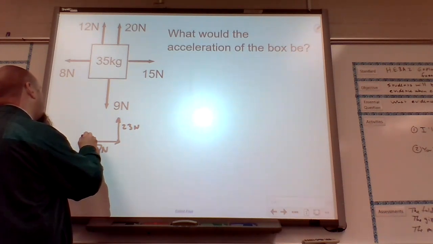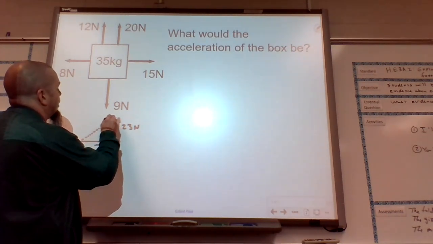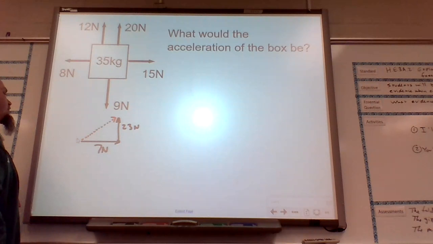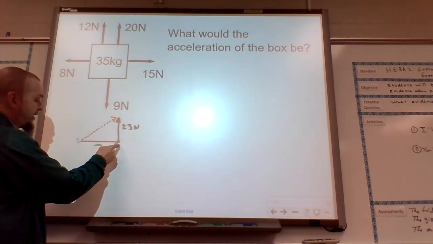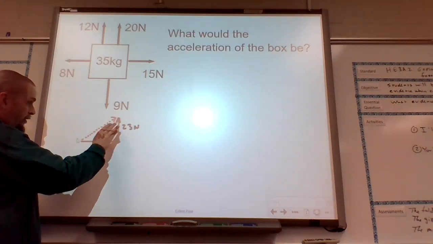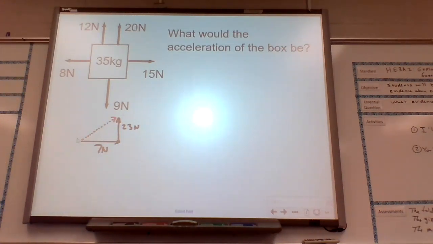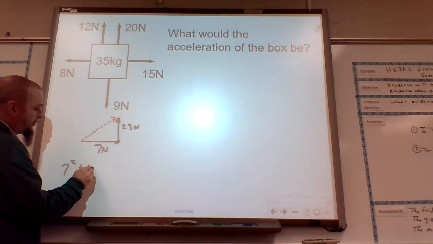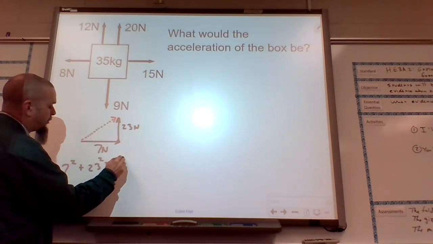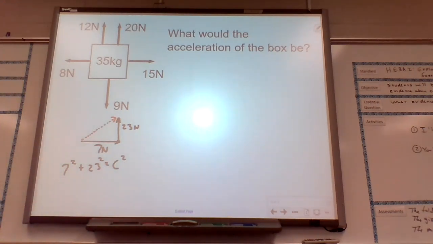My net force is the hypotenuse of that triangle. Again, make sure you're attaching these two vectors tip to tail. Where the first vector ends is where the second vector starts. So this upward part goes over here. Finding my hypotenuse is the Pythagorean theorem. 7 squared plus 23 squared equals c squared. 7 squared plus 23 squared is 578.